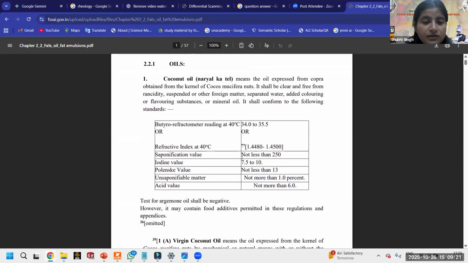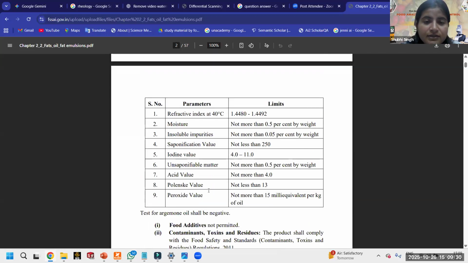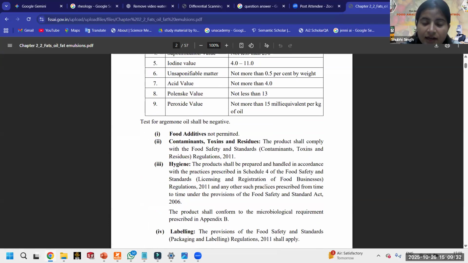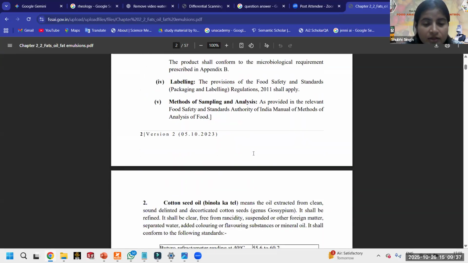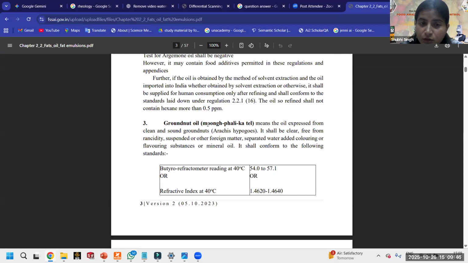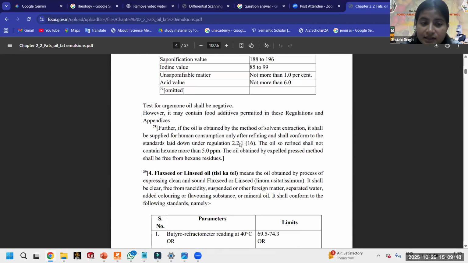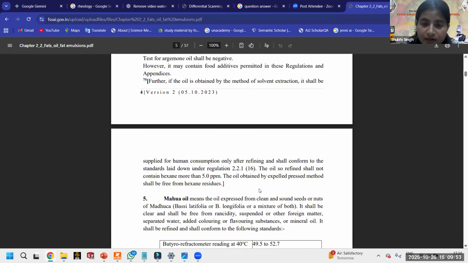This should be the refractive index, this should be the saponification value, iodine value, Polenske value, and so on. So in this chapter, you can find the standards, and based on the standards, you can test your sample whether it is adulterated or not with the help of DSC. They have provided the standards for cotton seed oil, also groundnut oil, or flaxseed oil or linseed oil.